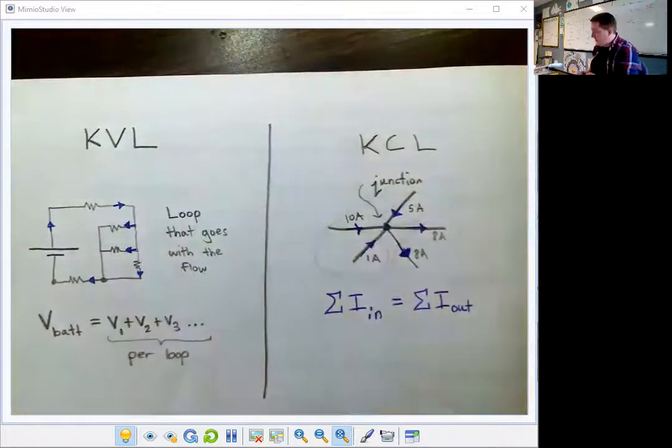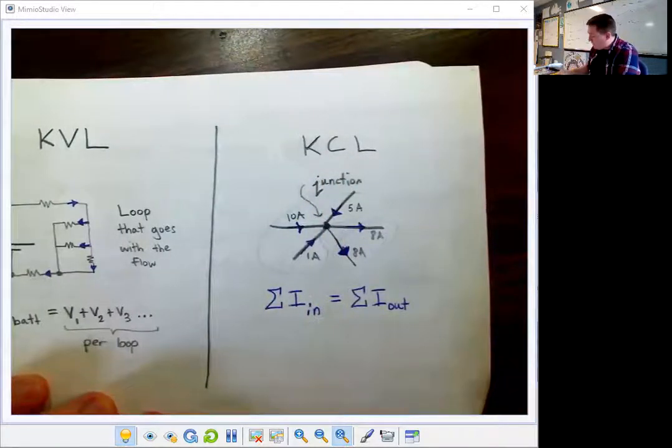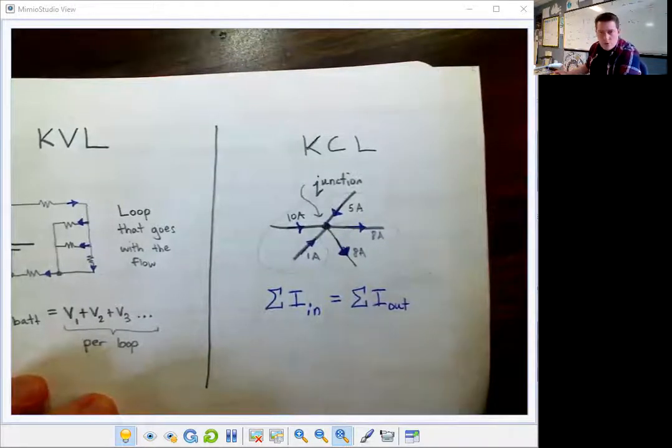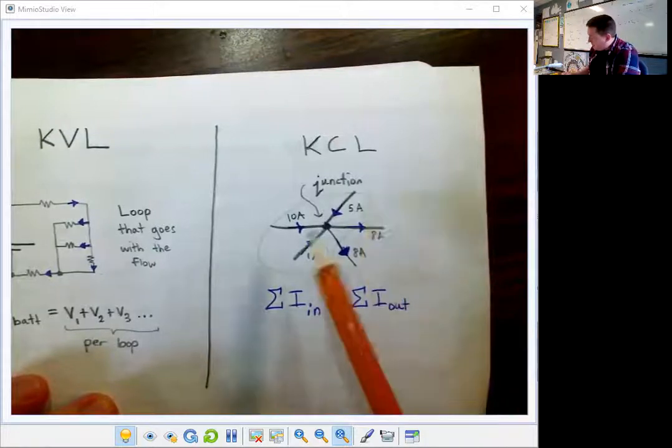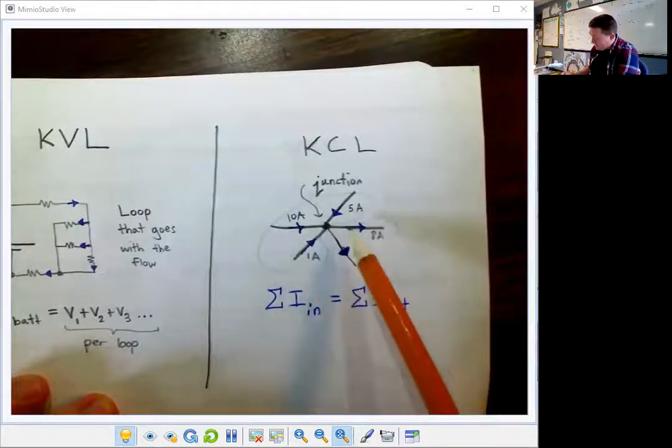Okay, let's start with the easiest one, Kirchhoff's current law. Kirchhoff's current law says if you have a junction, which is kind of like a fork in the road or an intersection in traffic, the currents going into the junction have to leave the junction.